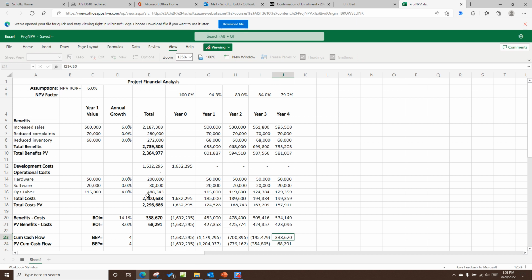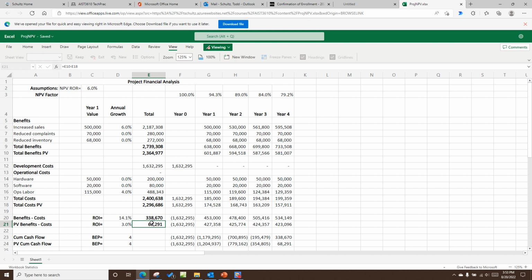A couple of things I want to show you. I do ask you a question that asks you to do a goal seek or something like that. I'm going to answer the question: what rate of return, NPV rate of return, would result in a present value of absolute zero?